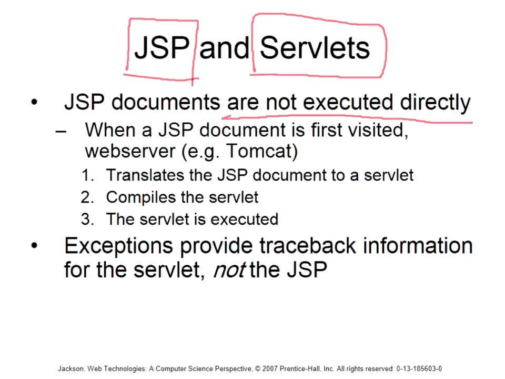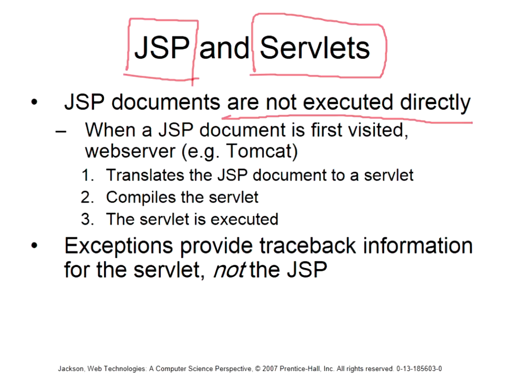So this point is very important. Keep in mind that GSP documents are not executed directly, but are translated to a servlet. I have a GSP document, and this GSP document is translated to a servlet.